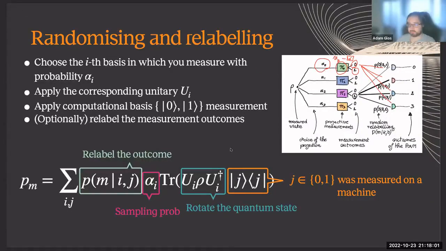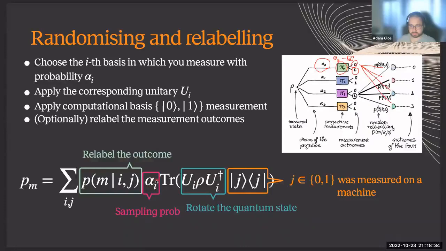What is the probability of getting outcome m? Well, first of all, we have the state rho. You see the spotlight, right, at the bottom. Then we apply the unitary U_i, which were sampled with some probability. Then we apply the measurement of outcome j, which is also something we cannot control because this is a quantum part.